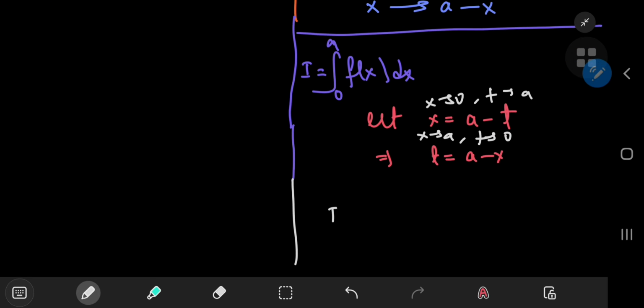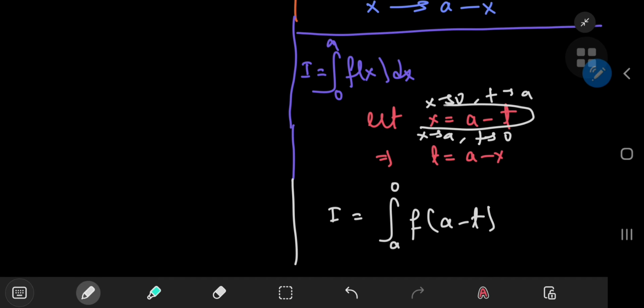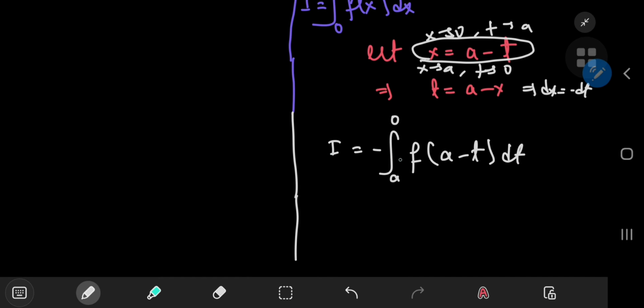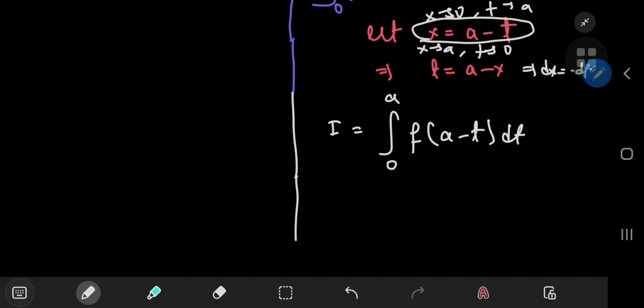Your integral I is now the integral from a to 0 of f of a minus t, and the differential element, according to this equation, implies that dx equals negative dt, so you have dt and a negative sign out here. So if I switch up the limits of integration, then I'll get another negative sign that cancels out the first one, so we have a positive sign outside.